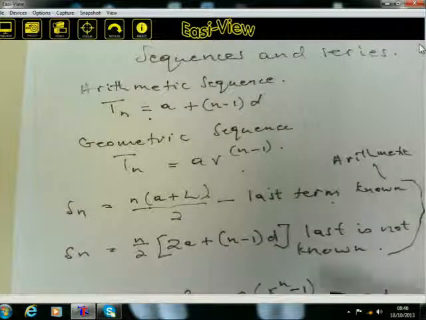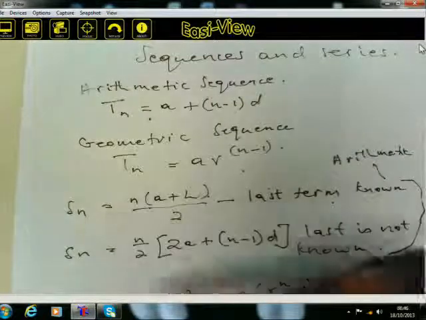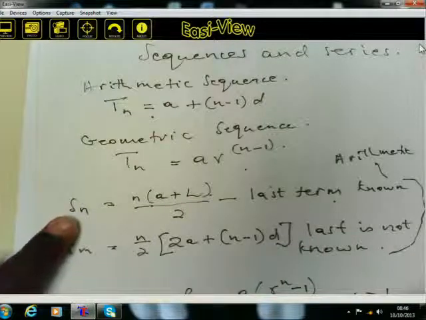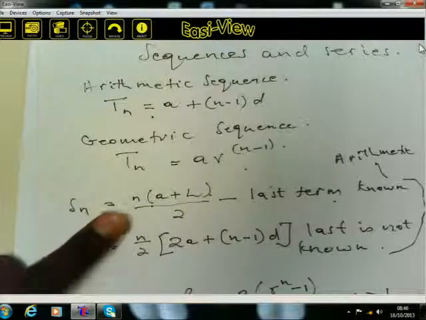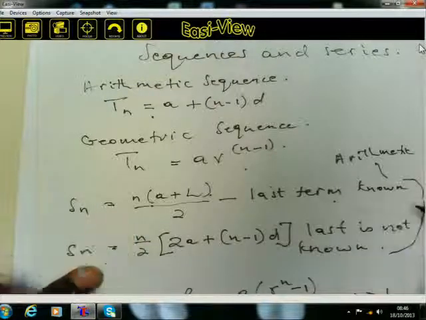Right? Now, in series, the formulae are as follows. Sn is equals to n over 2 into A plus L when the last term is known.